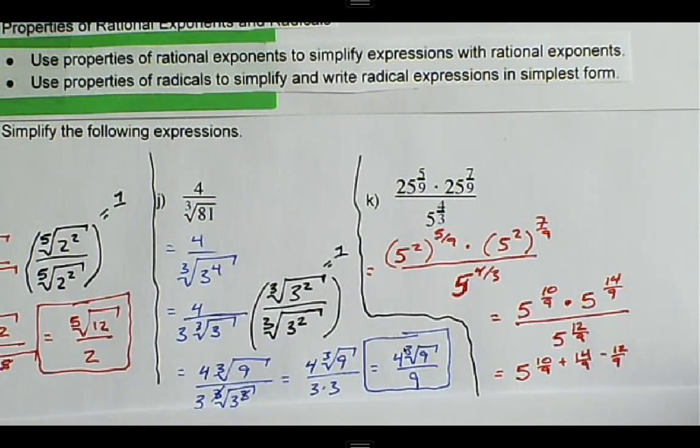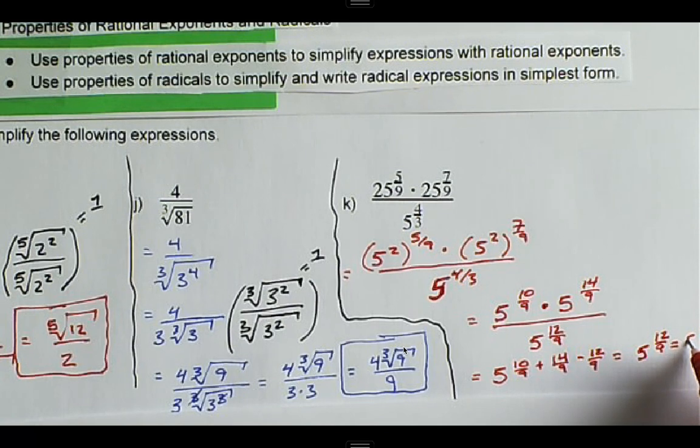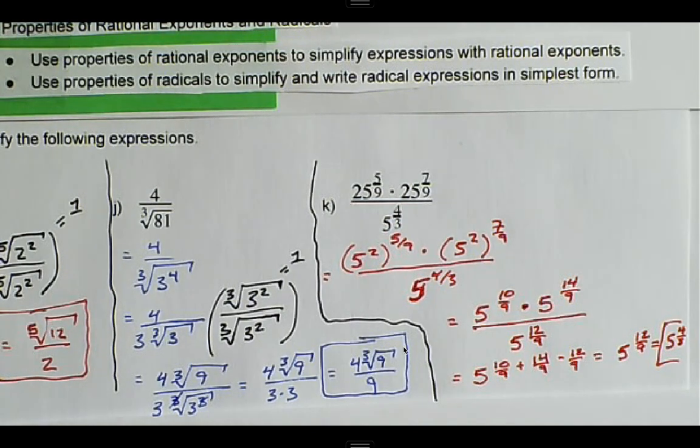And in this case, 14 minus 12 ends up being 2 left over. And then we can say plus 10. So that ends up being 5 to the 12 over 9. And then we can reduce this fraction. And we can say that that is equal to 5 to the 4 over 3. And that's in the simplest form.